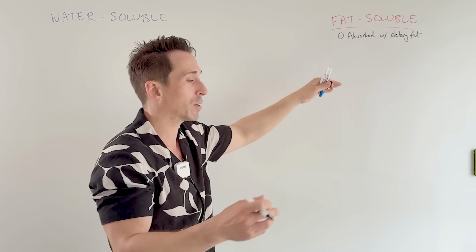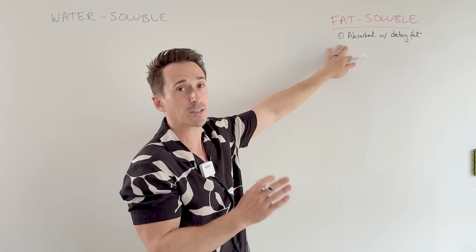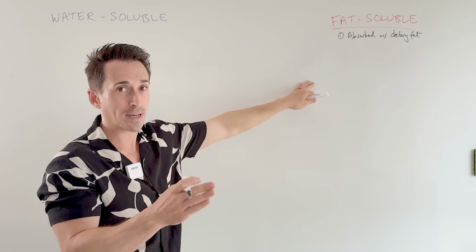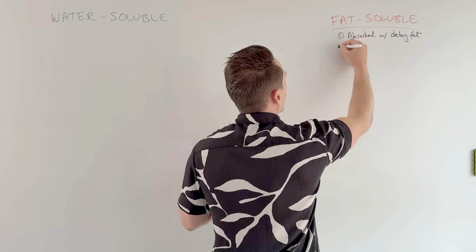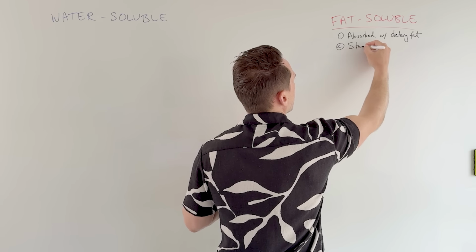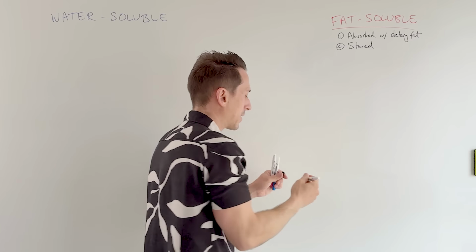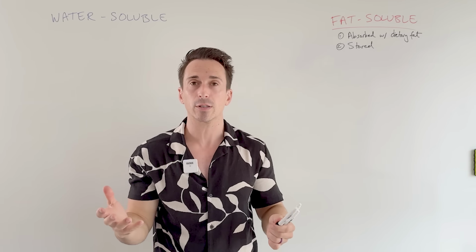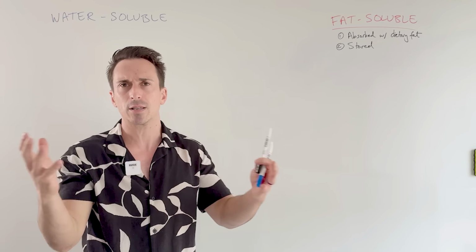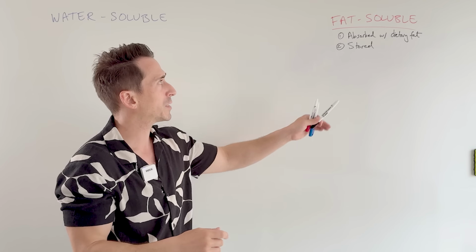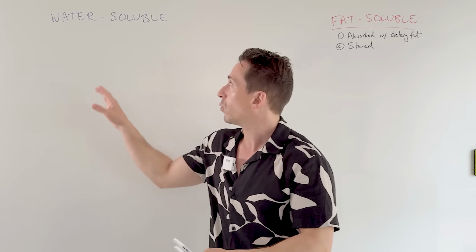That's important. So we can absorb them en masse with our fat-soluble substances from our diet. The other thing is they're stored quite well, predominantly in the liver, and they can be stored for relatively long periods of time. Each one's quite different in regards to the length that it can be stored, but generally speaking, we store them longer than the water-soluble.